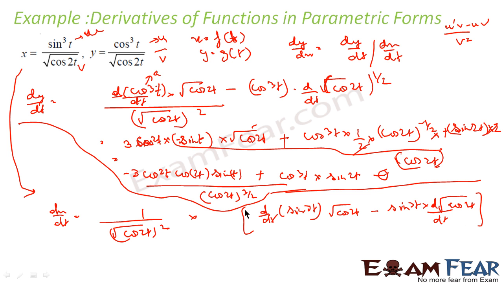If you solve this, it's almost similar to what we have done here. Instead of cos, it is sine here. So sine cube t becomes 3 sine square t into cos t. So this becomes 3 sine square t into cos t.